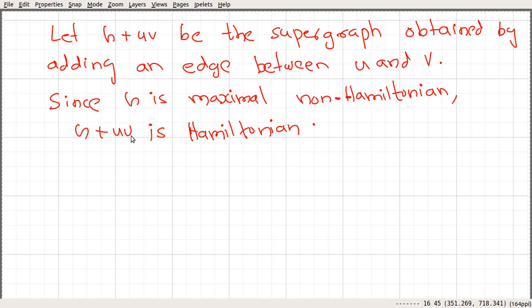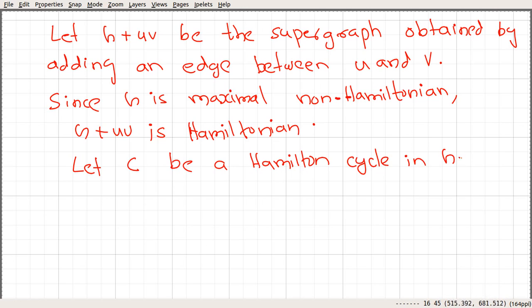Since G plus UV is Hamiltonian, it has a Hamilton cycle. Let's call that Hamilton cycle C. Let C be a Hamilton cycle in G plus UV.